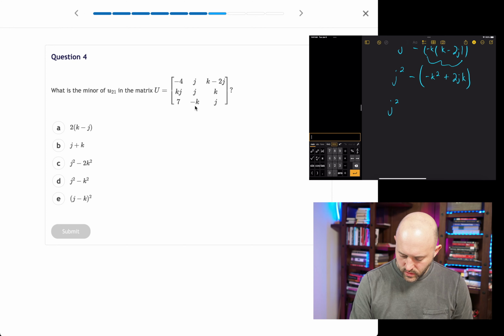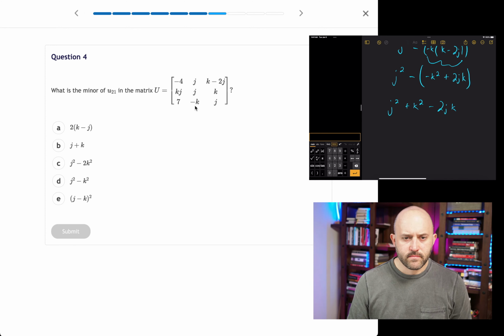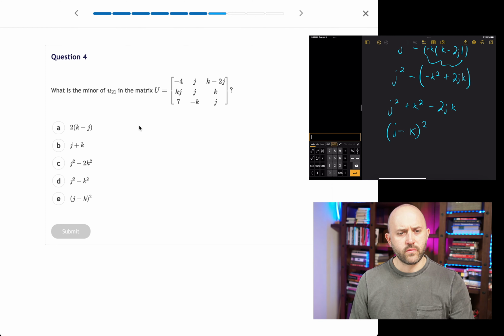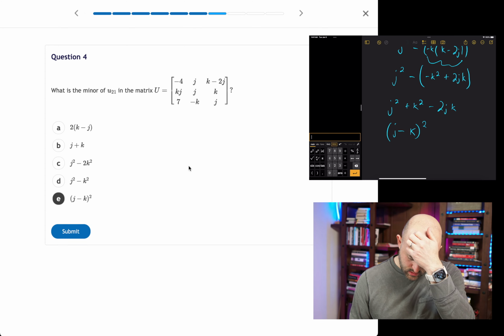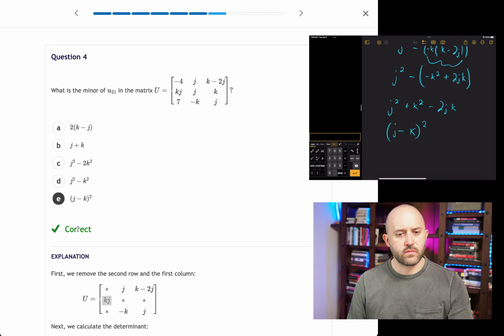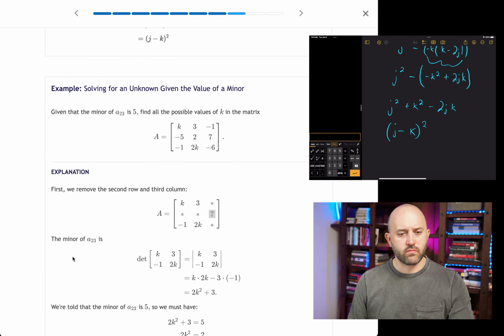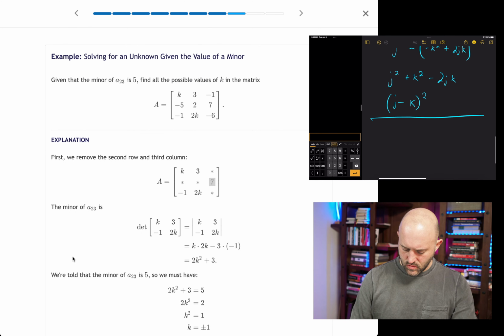J squared plus k squared minus 2jk. And I guess they're saying we can do factoring of this. That would be j minus k squared, I think it is. Because then I would get 2jk. Yeah, I'm going to do this. Right on.